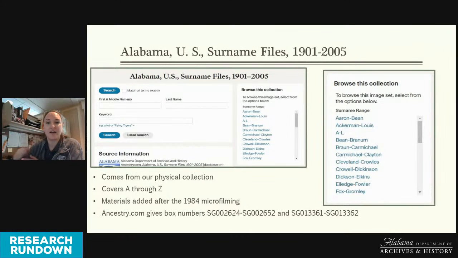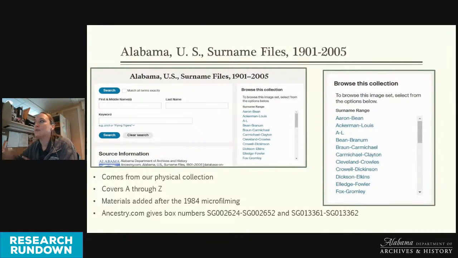I'm going to find it there. You click there, you can go page by page. So this information comes from our physical collection. It covers A through Z surname files. While the one we looked at before is microfilm that was filmed in 1984, these are items that were added after 1984.